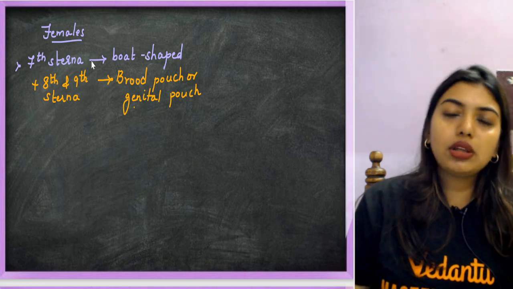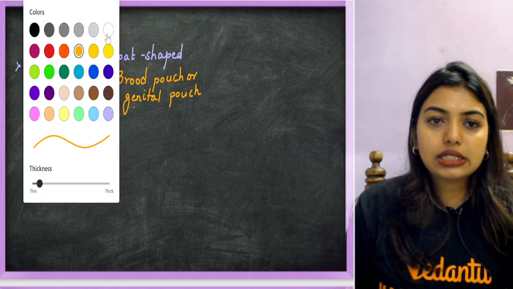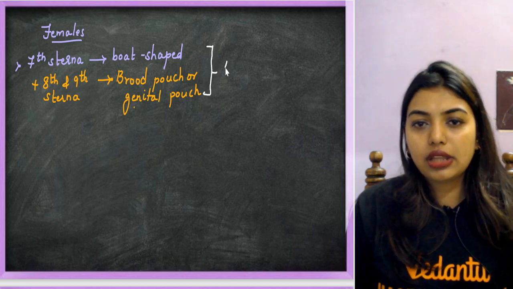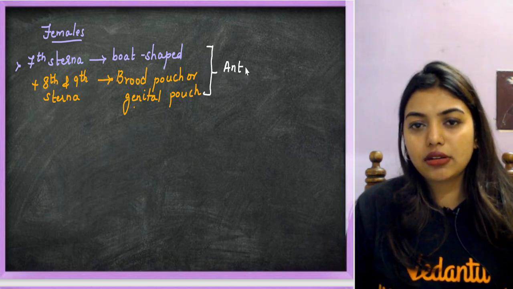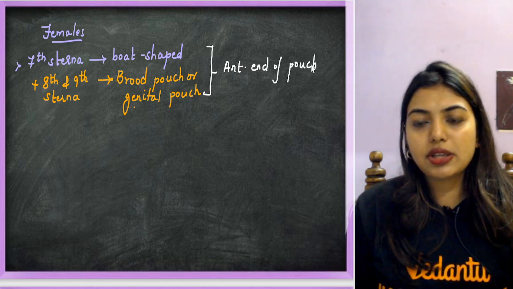Now on the anterior end of this pouch, there are other structures. On the anterior end of the pouch, what is present?